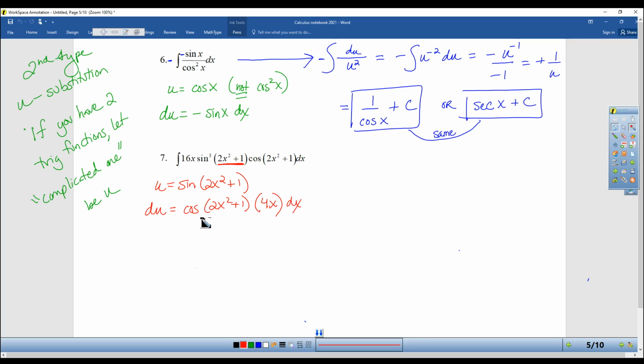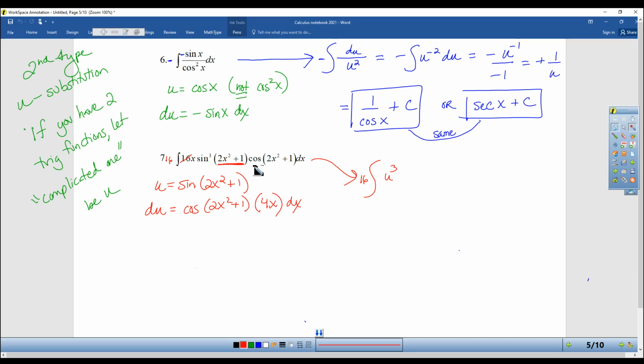Okay, so I can see my u. Let's make all the replacements. I'm just going to take this 16 and put it on the outside because I don't need it. You can't put x's on the outside, no variables, but you could put numbers out there and then you don't have to worry about it. So I see sine of 2x squared plus 1, which is being cubed. So I have u cubed.